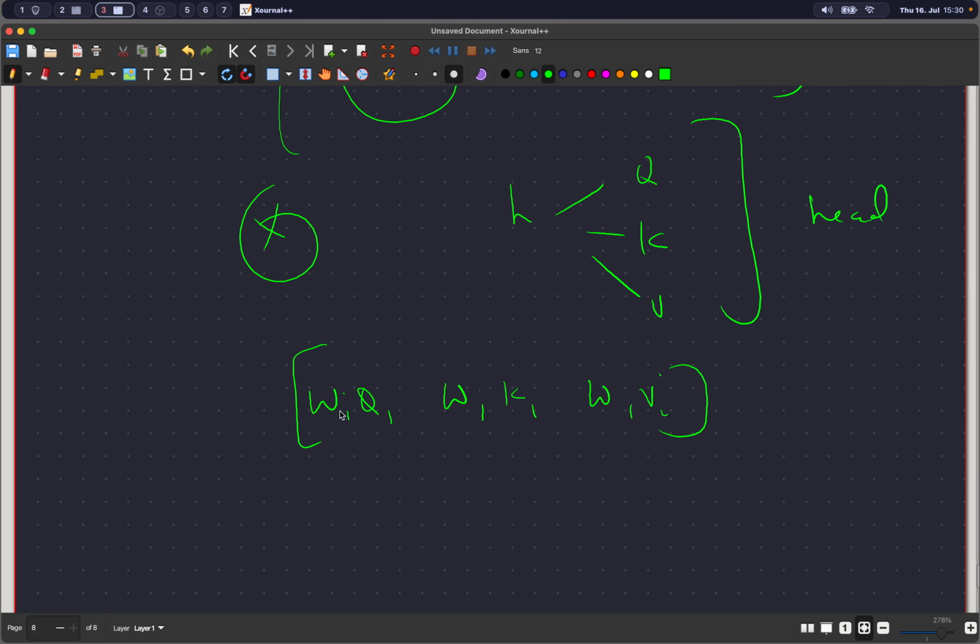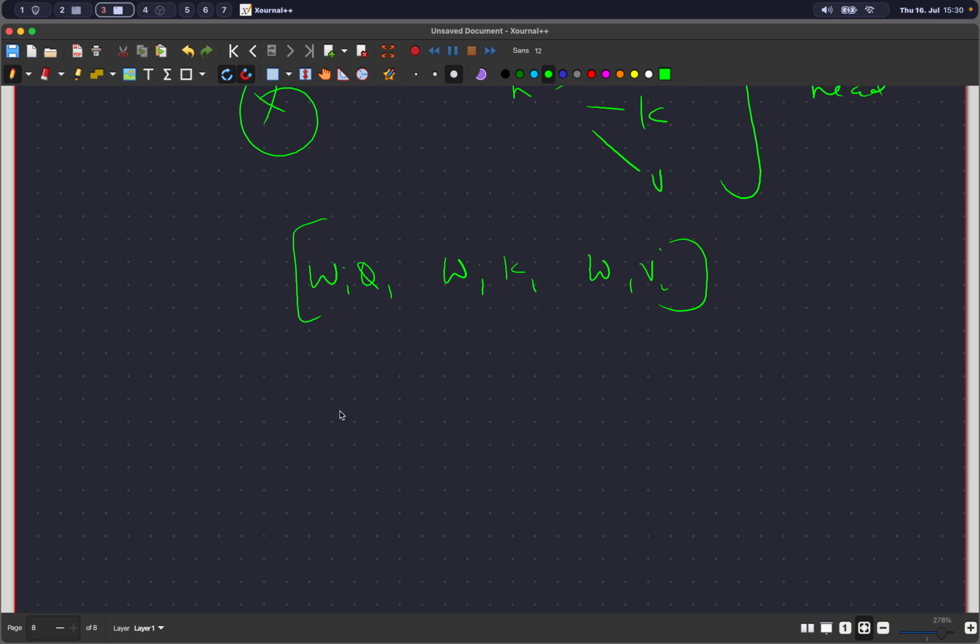So this is a linear transformation. Once we are done across all the heads, we will just concatenate the outputs of all the heads, head 1 all the way up to head h, let's say. And then we will apply a final linear transformation using our output matrix.